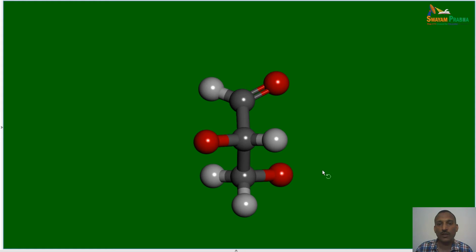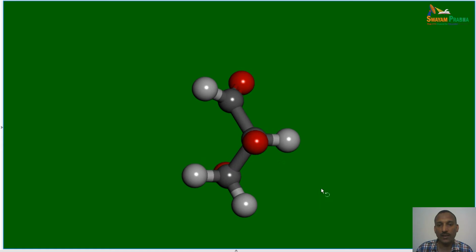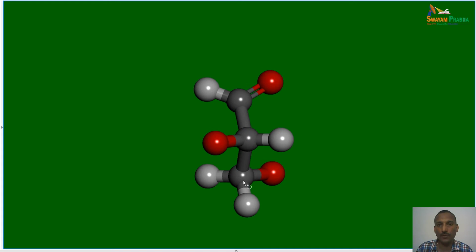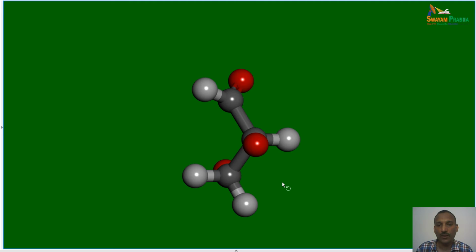Now let us look at the other enantiomer, that is the L isomer, L-glyceraldehyde. Here again, in the vertical axis, if you look at carbon 1, 2, 3, all the three carbons are pointing away from the observer, and then the hydrogen and the hydroxyl, which are written in the horizontal way, are pointing towards the observer.